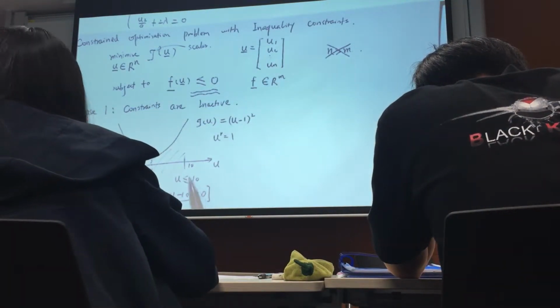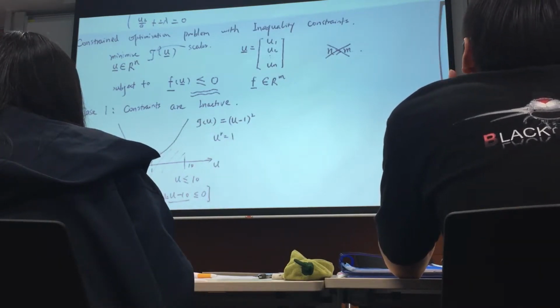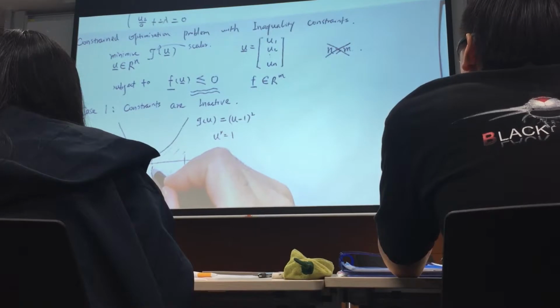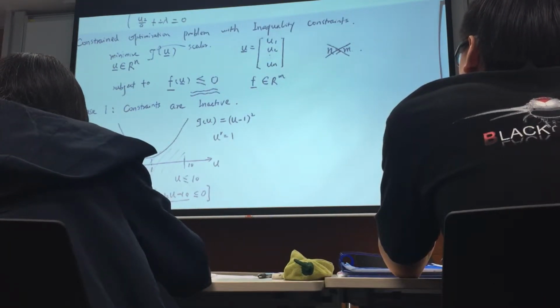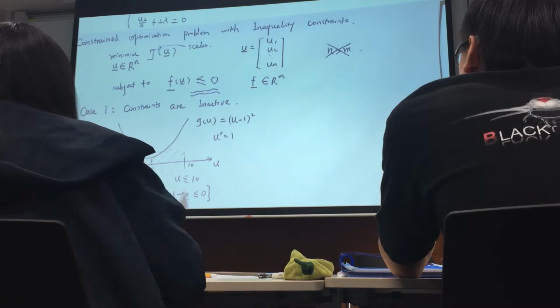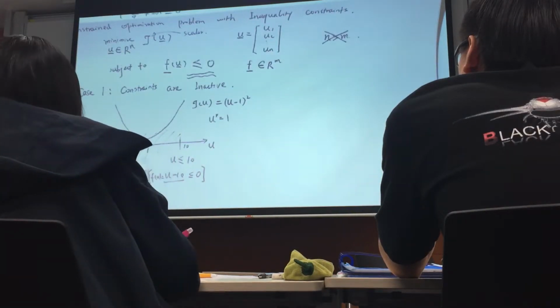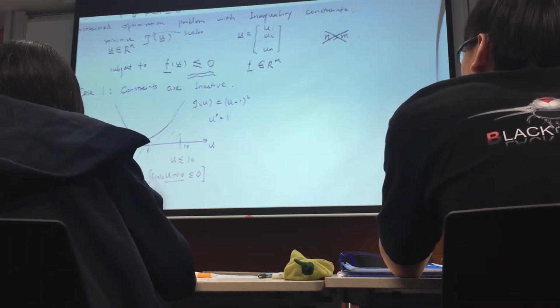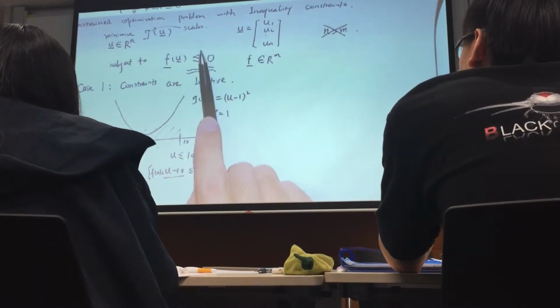So if we define the constraint this way, we know the solution to this problem will be 1. So in this case, we know the solution to this problem will be inside the boundary. So actually, this boundary is not active. We are not using this condition.